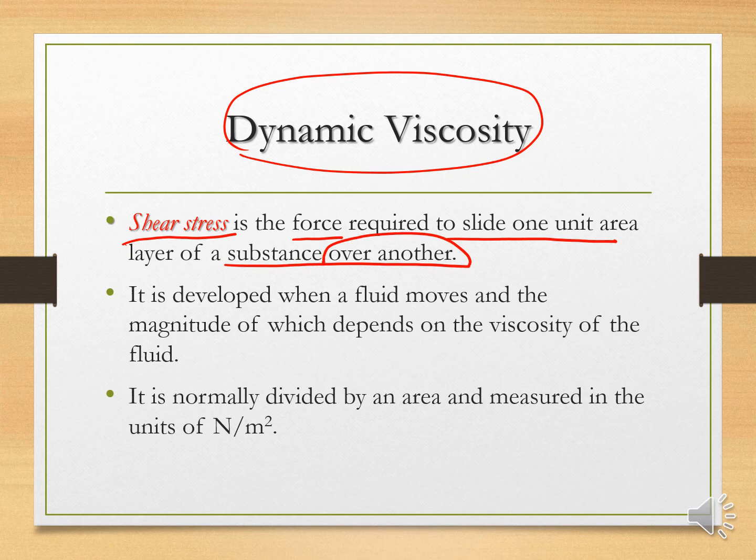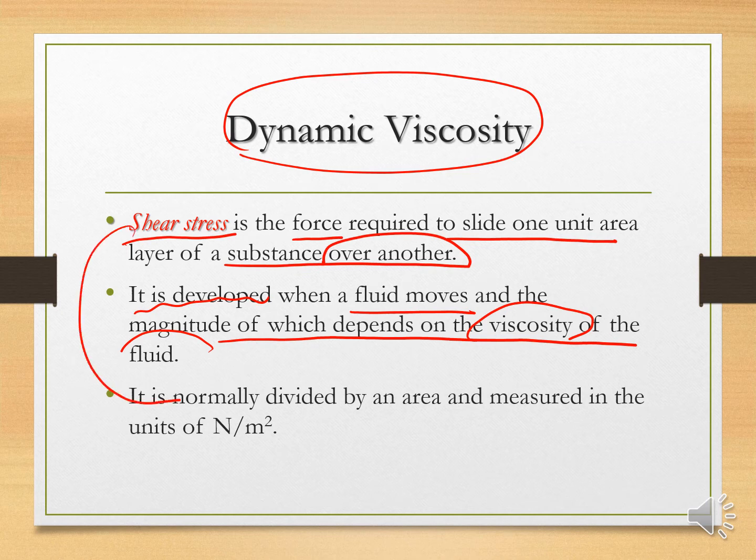This shear stress develops when the fluid moves, and its magnitude depends on the viscosity of the fluid. It is quite similar to the concept of drag force that I explained in the previous slide. The unit for shear stress is Newton per meter square.